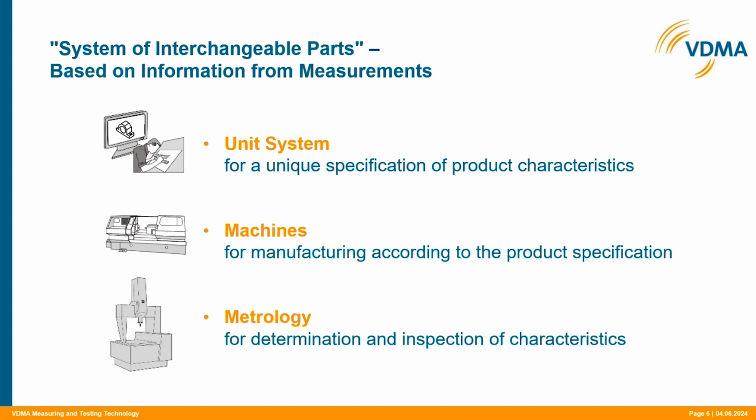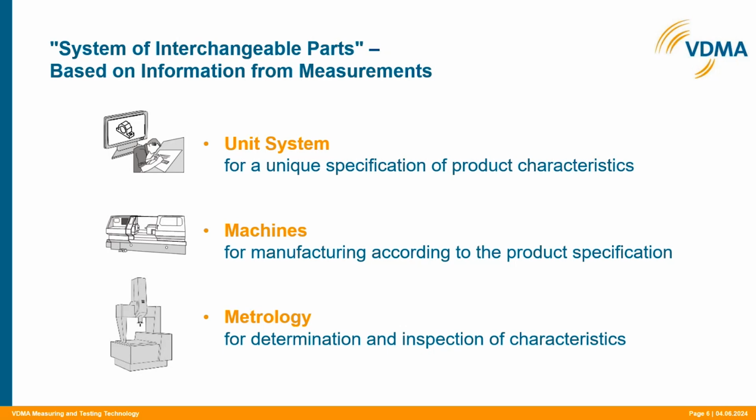So what we need is metrology, especially dimensional metrology. You need this if you want to determine the characteristics, or if you want to inspect the part that you have produced. And what does that actually mean? What is metrology? Is it this kind of large device, which is sketched here on the bottom of this image?